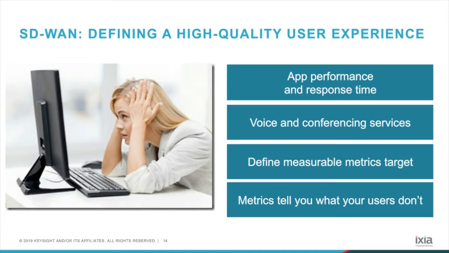So transform like, oh, my application is slow, or my voice is not coming through, in terms of network performance metrics like a response time, like packet loss, like jitter, like a mean opinion score on a voice call, that will give you all these metrics that you need to assess your network in terms of quality of service and quality of experience for the end user.